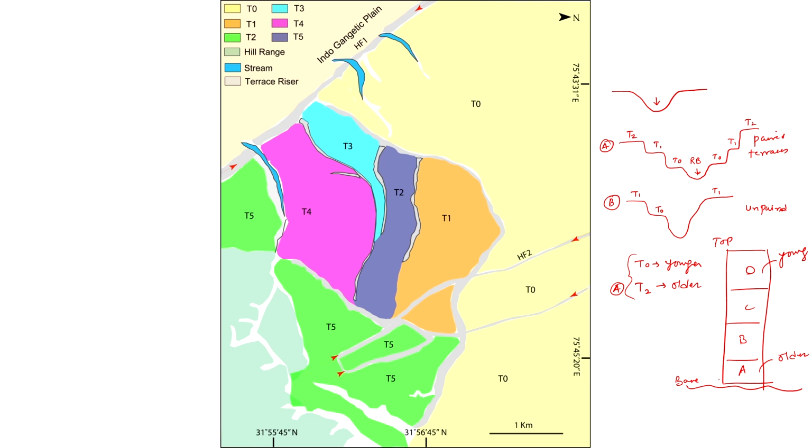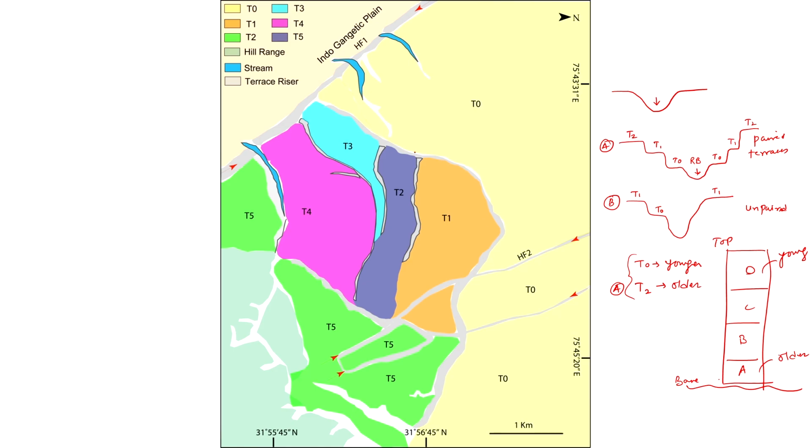Okay, so in case of terraces, the classification we do is in terms of elevation: as you move away from the channel and gain elevation, you see older terraces, and that's what we see here also. These are all channels.